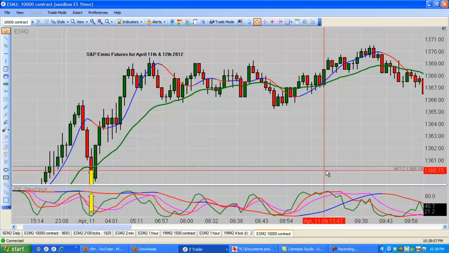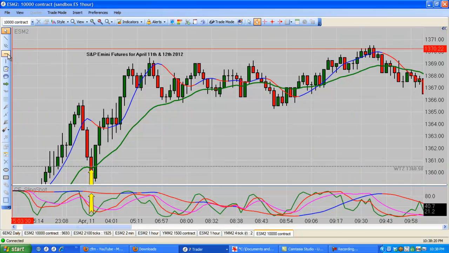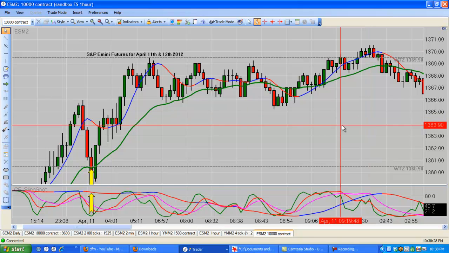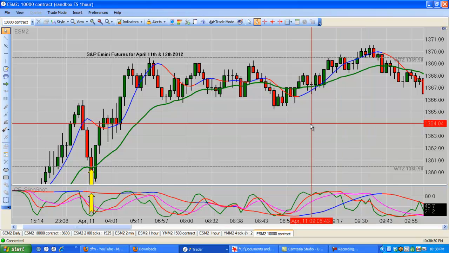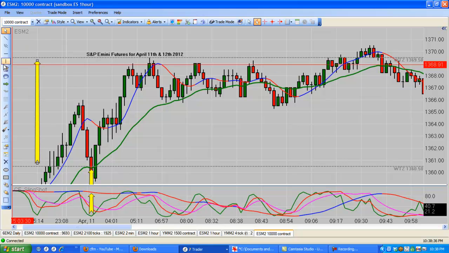Get long where? 1360, 1361, 61 and change. No, exactly 1360.50. What happens? Price peaks, if you will, at 1369.50. So what is that? It's 9.5 points, stem to stern.